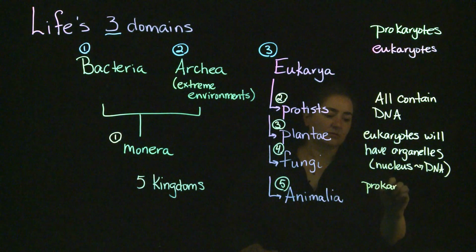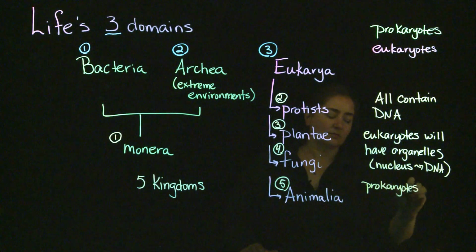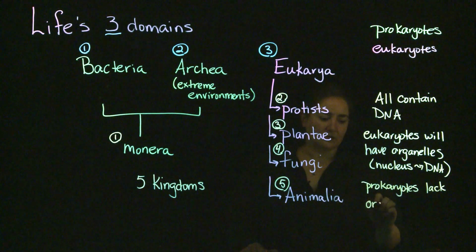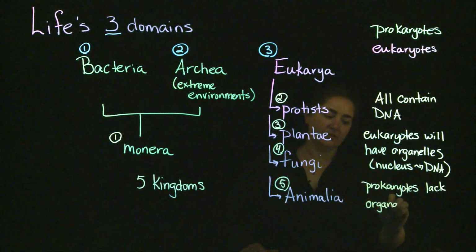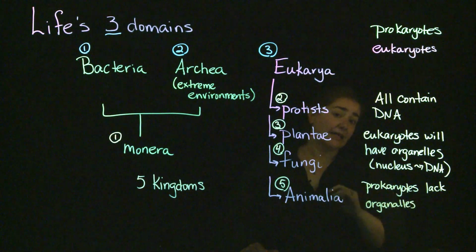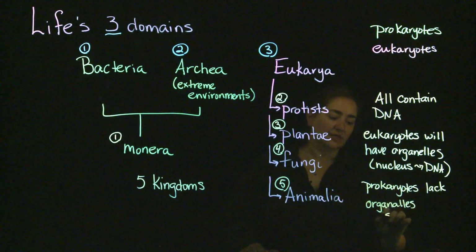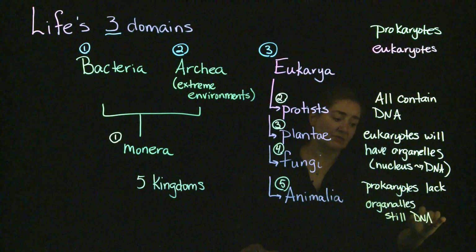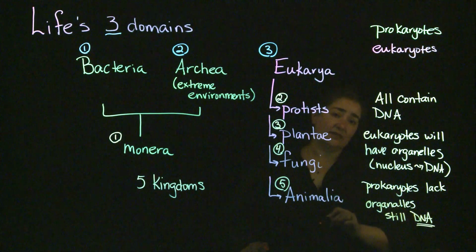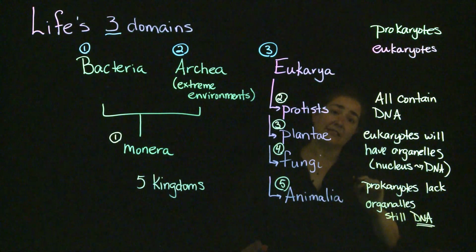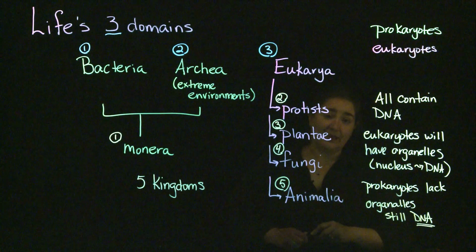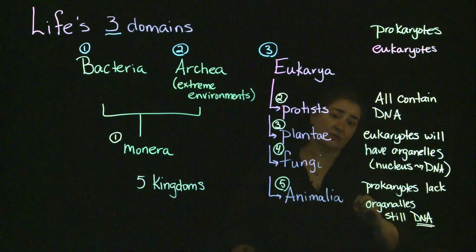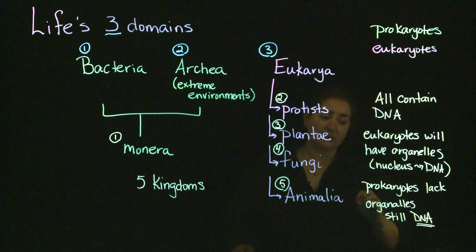Prokaryotes lack all organelles, so they lack a nucleus, but they still have DNA, okay? Because that DNA is going to be necessary for running the metabolism within any living organism.